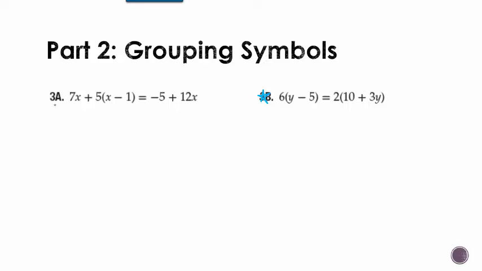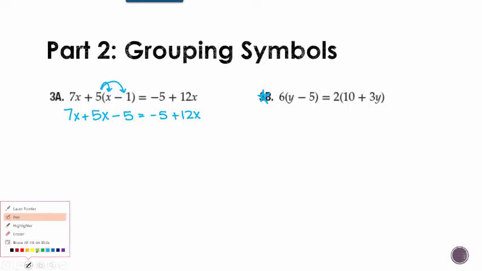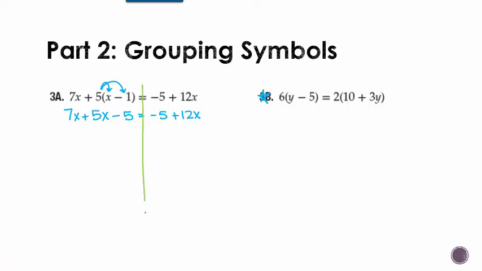So this one here is really messy, but I see some parentheses here, so I'm going to get rid of these by using the distributive property. And then before I start moving things from side to side, you always want to make sure that each side of your equation is as simple as possible.